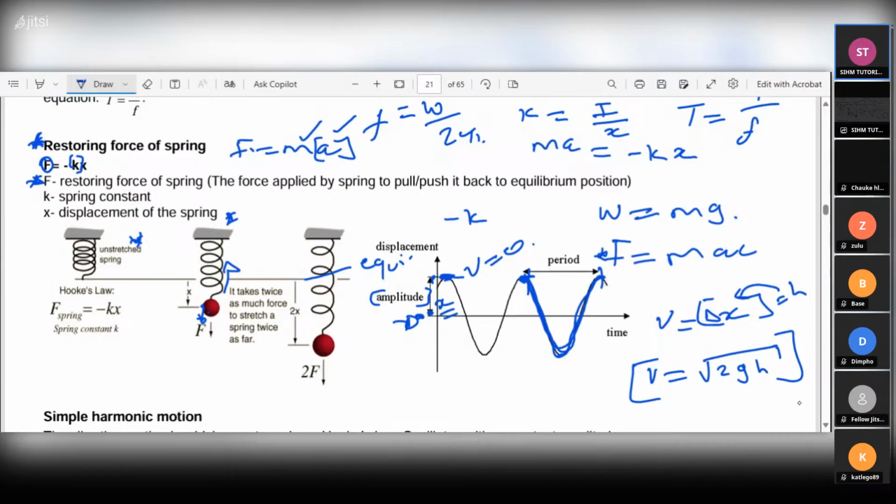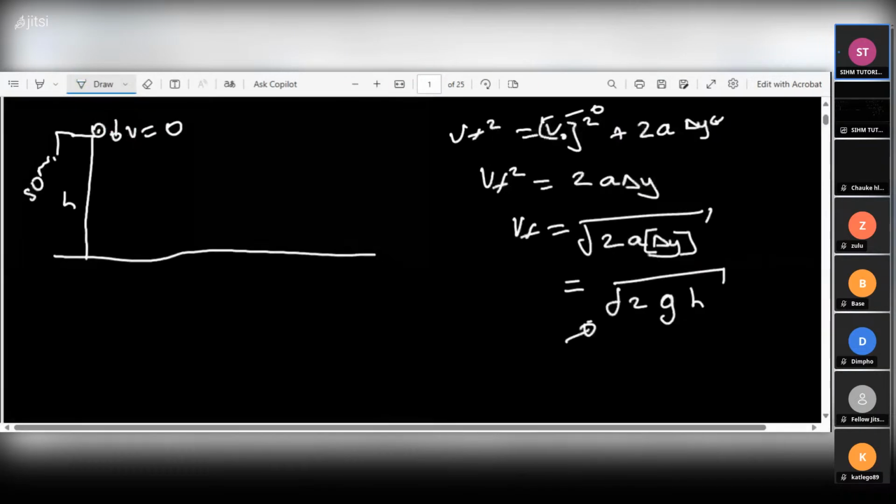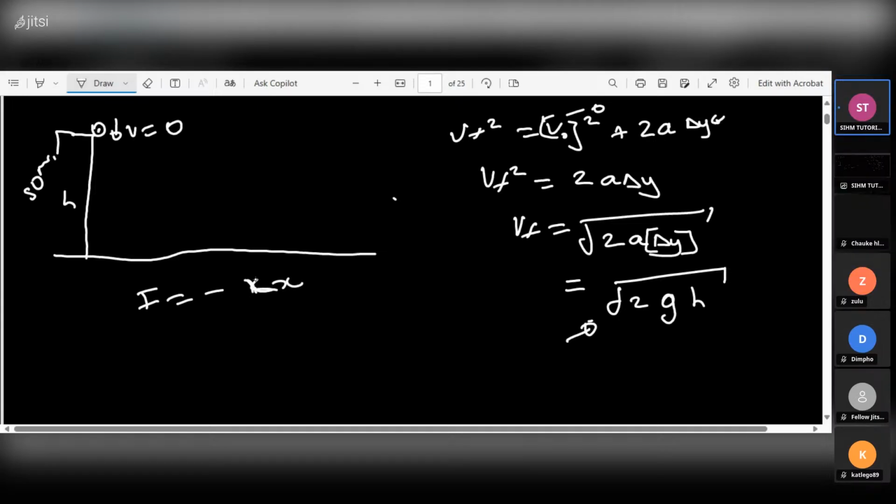As you know, the force is Kx, where k is the constant for the spring. For us to find this k, we say k is equal to negative force divided by x.